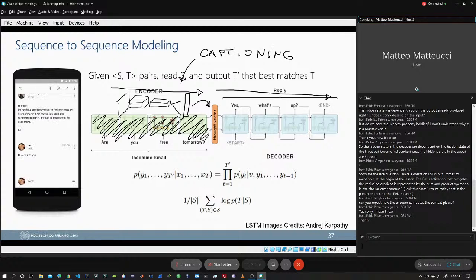Last year we wanted to give you a captioning exercise as a last homework. It was not possible. The reason is that the evaluation of captioning within Kaggle was basically horrible.